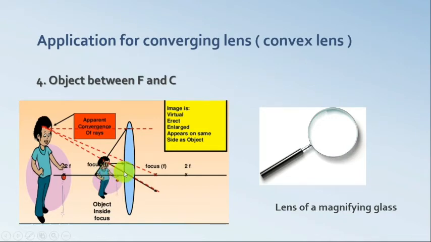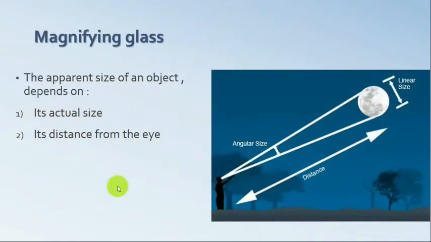What we have in this case is a virtual image at the same side of the object that is enlarged, larger than the size of the object. We said virtual, enlarged, on the same side and upright. When do we use this lens? We use it in a magnifying glass. Today we want to talk about the magnifying glass.